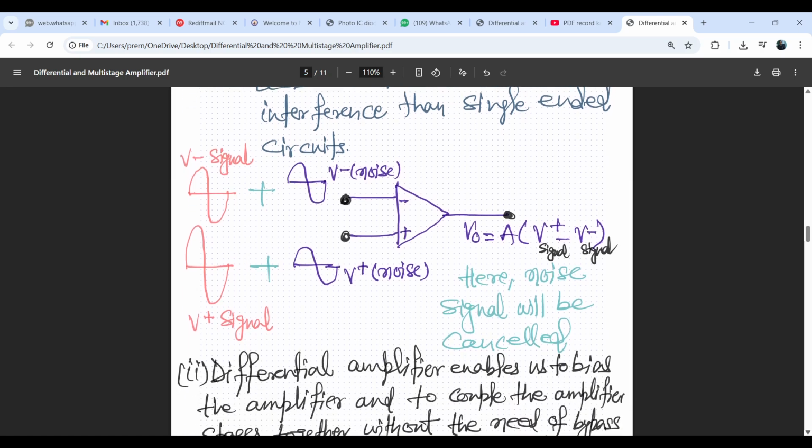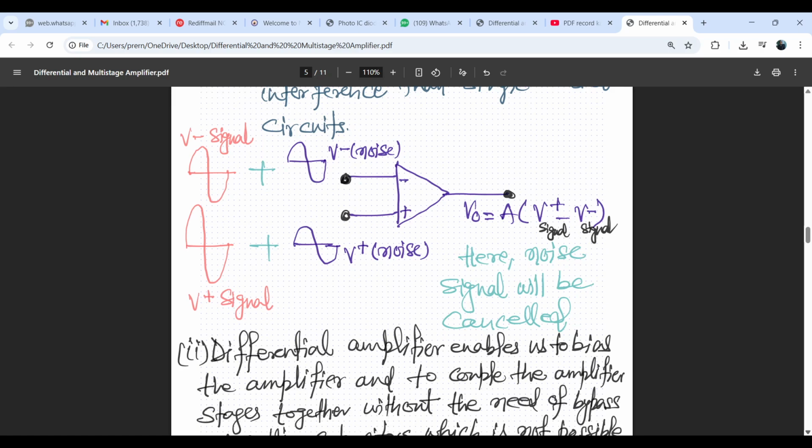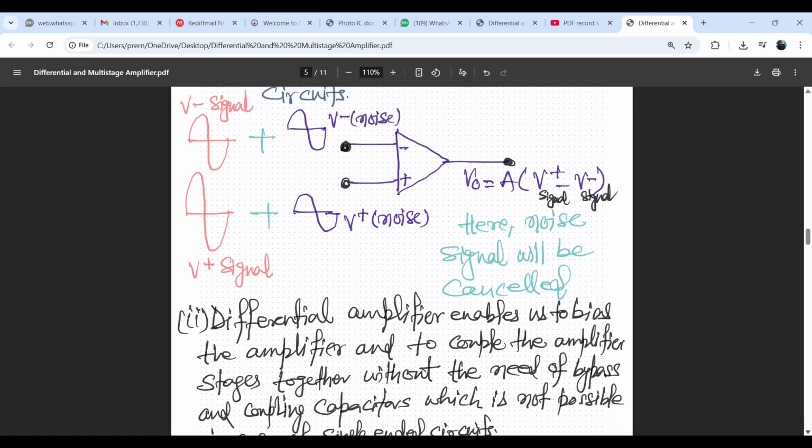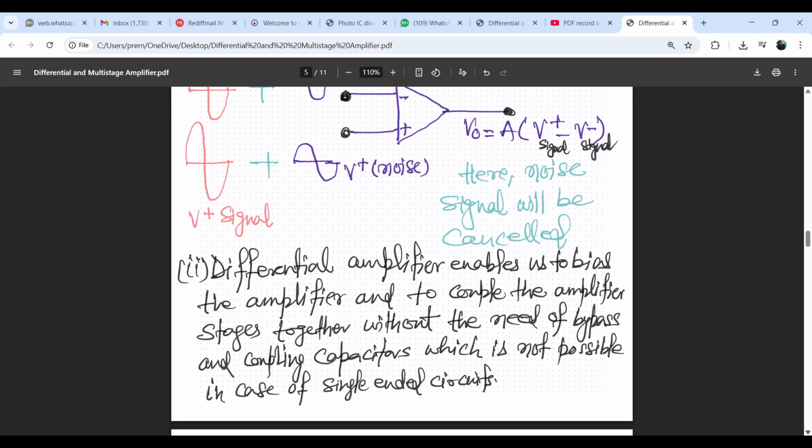Now, differential amplifiers enable us to bias the amplifier and to couple the amplifier stages together without the need of any bypass capacitor and coupling capacitor, which is not possible in the case of single-ended circuits. In the differential amplifier there is no coupling capacitor or bypass capacitor.